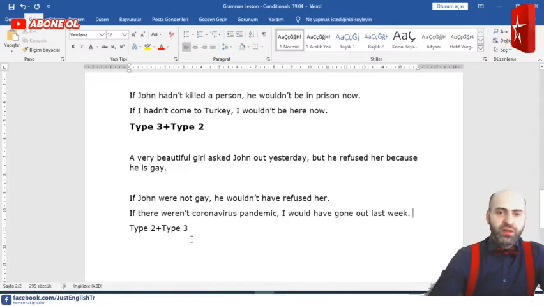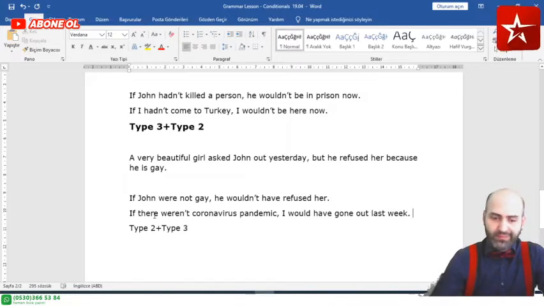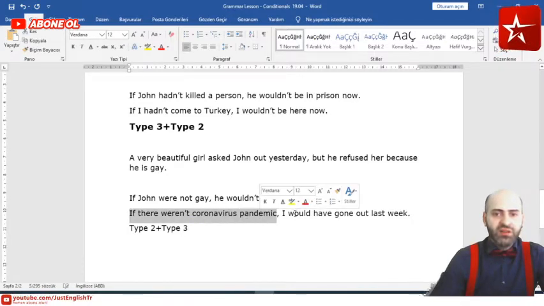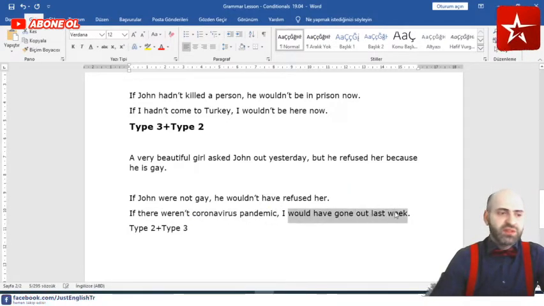So this coronavirus is not just about the past, but we can say that it has become our general situation. So it was in the past for last week, and now still it continues. So that's why I used type 2 here, and then in the result I used type 3.